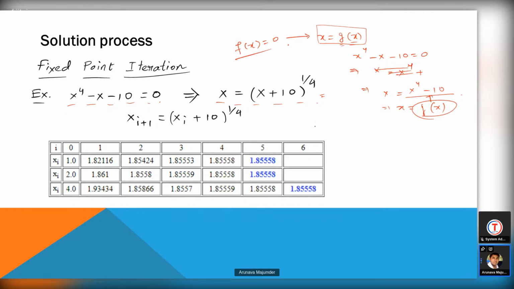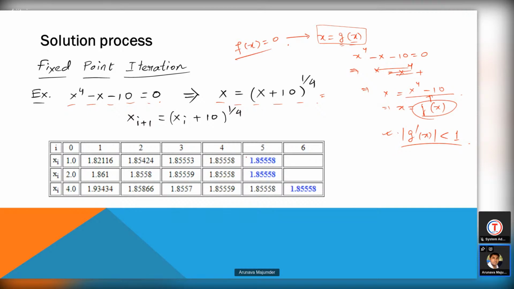So there is a condition: the mod of g dash x must be less than 1. If this condition is satisfied, then that particular form will surely give you the convergent solution. Otherwise they cannot give you a convergent solution.